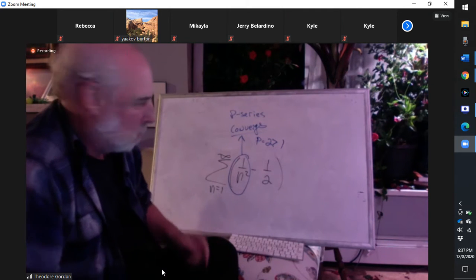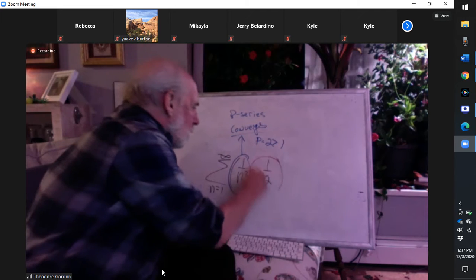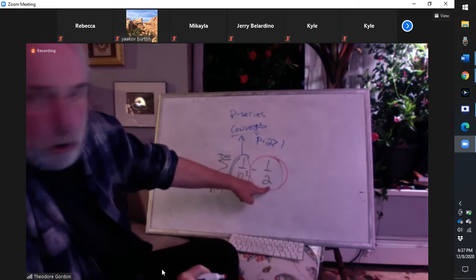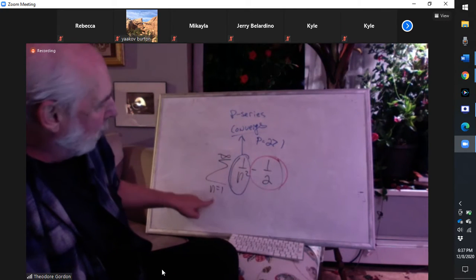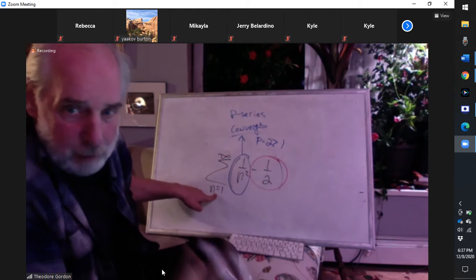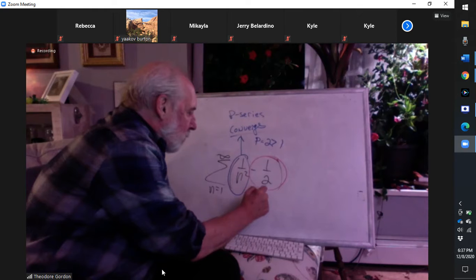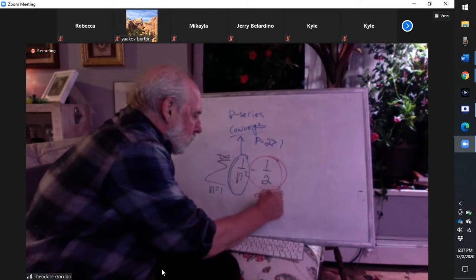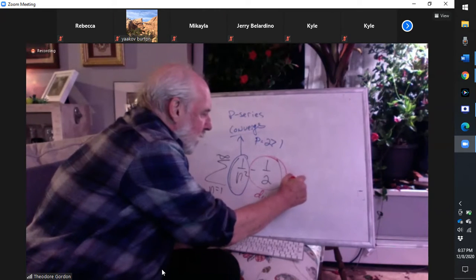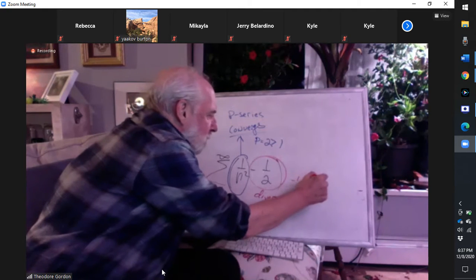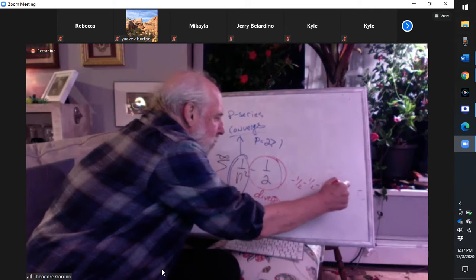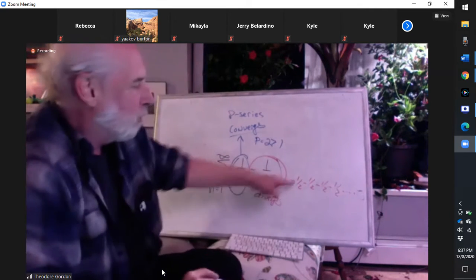This one, there is no n. So n is 1, 2, 3, 4, 5, 6, 7, 8, 9. This just stays 1/2. So this diverges. This just looks like negative 1/2 minus 1/2 minus 1/2 minus 1/2 all the way out to infinity.